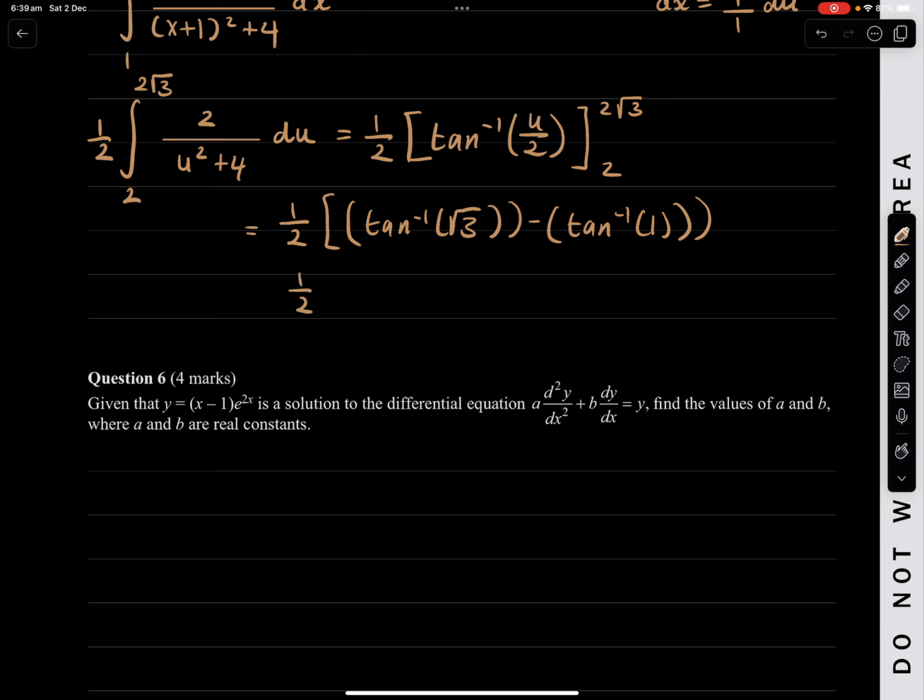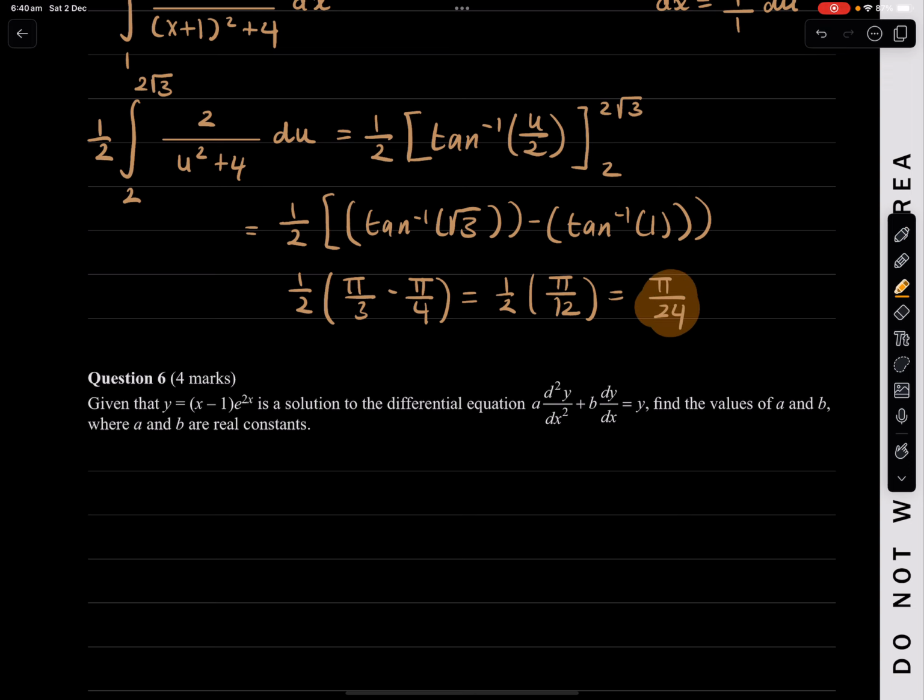So we're writing half. Tan inverse of root 3 is just pi on 3. So let's write pi on 3 minus pi over 4. And that's 4 pi minus 3 pi, which is just pi over 12, so with the half it'll be pi over 24. That's your answer. Nice.